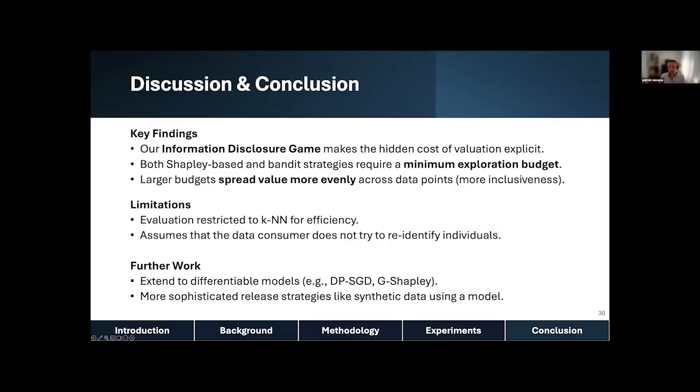The limitations are that we only looked at k-nearest neighbors, so we are planning to move on to more complicated models like neural networks, which come with more complexity, especially computational complexity. And we made some assumptions, like the data consumer is not going to try to re-identify people to get some external information on which point he should prioritize.